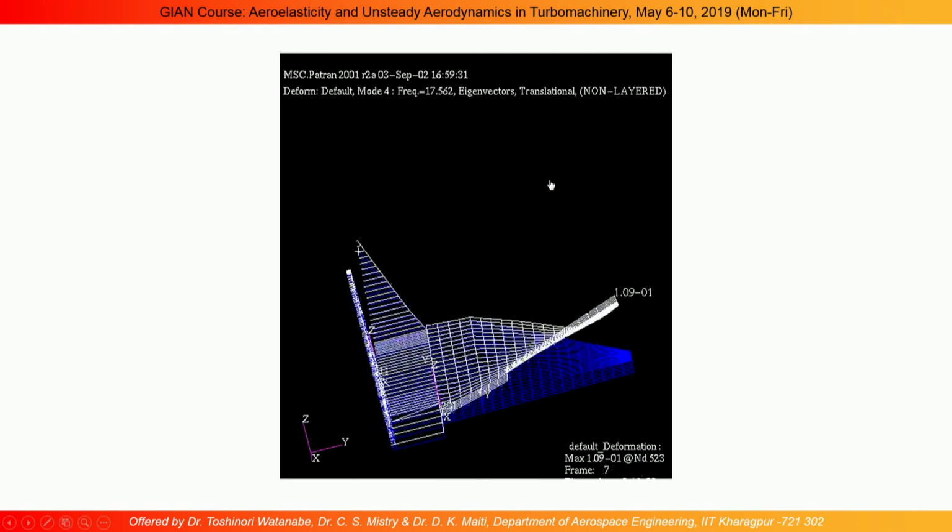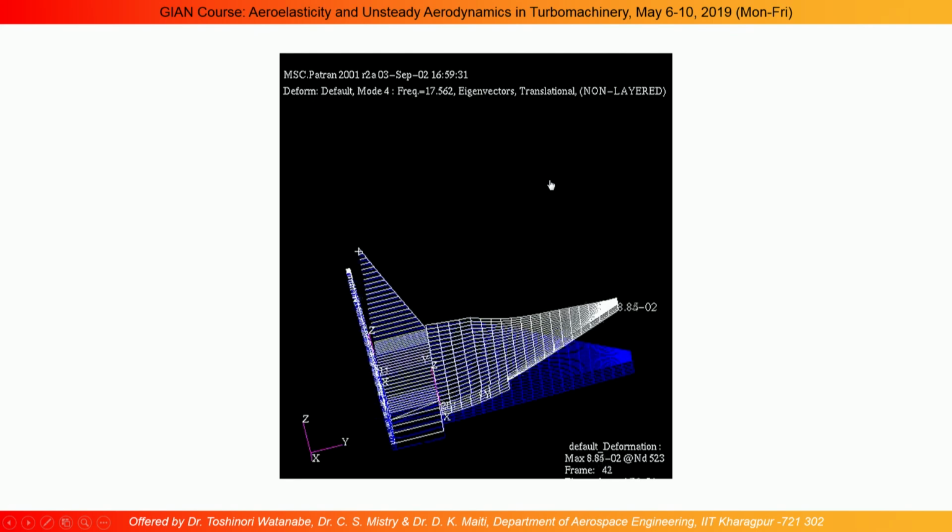Exactly at the flutter point, we cannot distinguish which mode it is fluttering in, whether torsional or bending. It is a combination of the torsion mode and the bending mode.